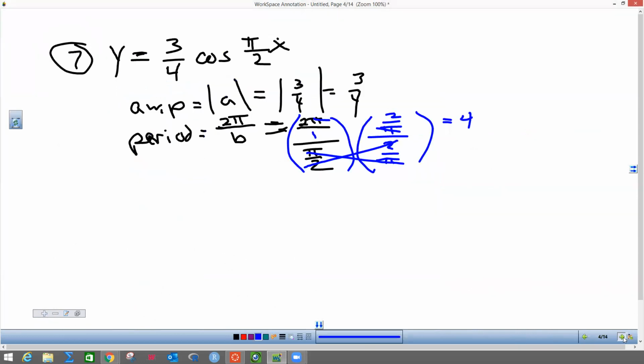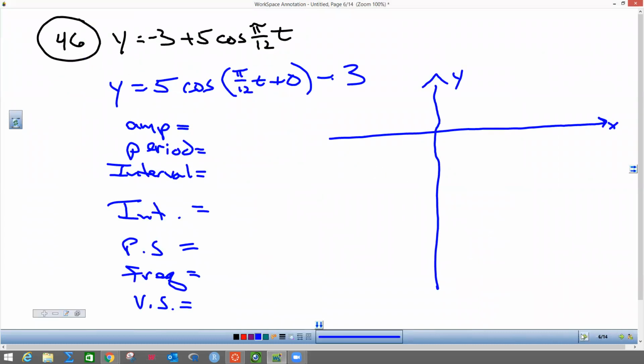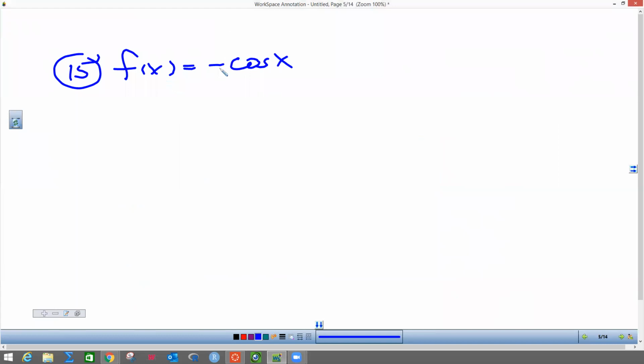I lied. It said cosine of 2x. And then it says g of x equals negative cosine of 2x.